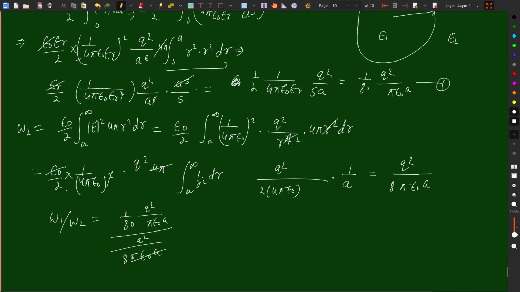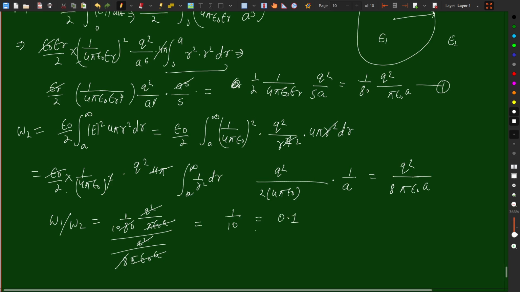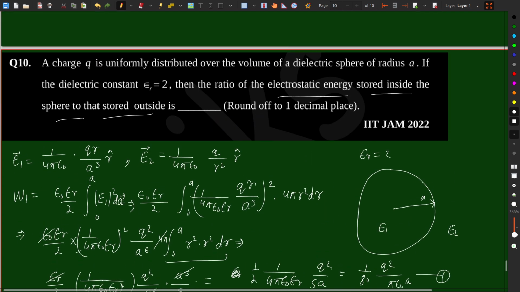This pi epsilon naught a, Q square cancels, and this 8 is 10 times, so this will be 1 upon 10. Okay, so this will be 0.1. So the ratio is 0.1. 0.1 is the answer.